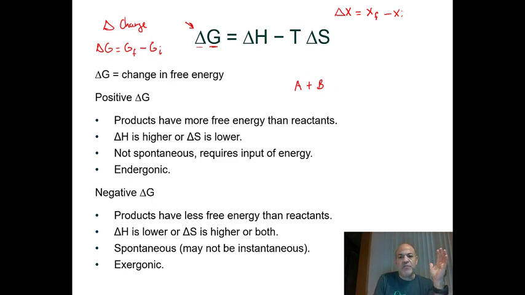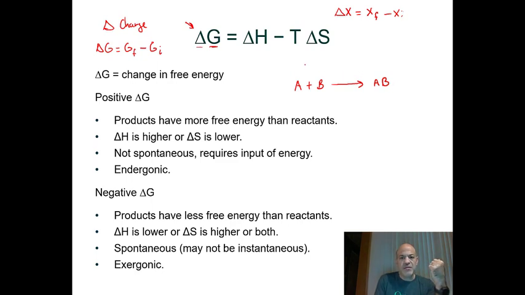There's a certain amount of free energy associated with these two particles. And they go through a reaction and form a product, AB. The AB is going to have a different free energy than the reactants.